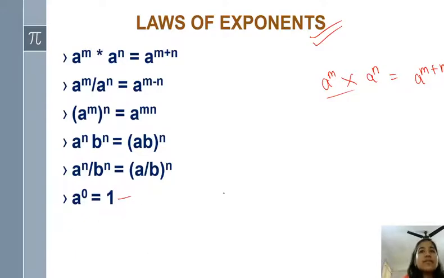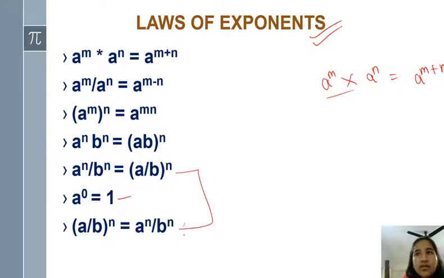That means when a is not multiplied any number of times, it's 0. a by b whole to the power n is equal to a to the power n by b to the power n. This is just the reverse, right? Next, ab whole to the power n is equal to a to the power n, b to the power n.